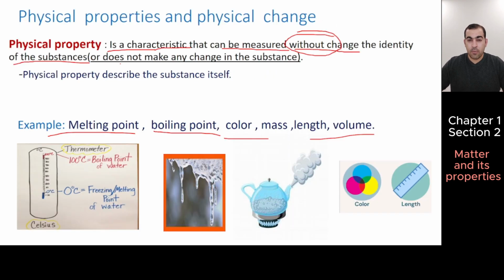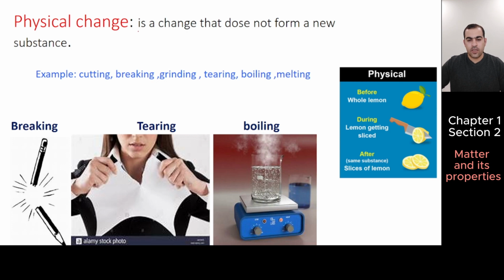That was physical property. A physical change is a change that does not form a new substance. So when the change happens, something changes, but the change is not in its identity. For example, cutting.